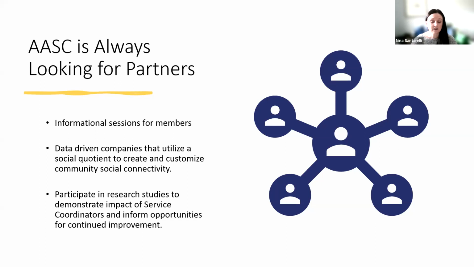We are currently exploring working with a data-driven company that, essentially, through a series of specific assessments, will help the service coordinator and or property develop a social quotient, is what they're calling it, which will help them customize their ability to create connections within their specific community.